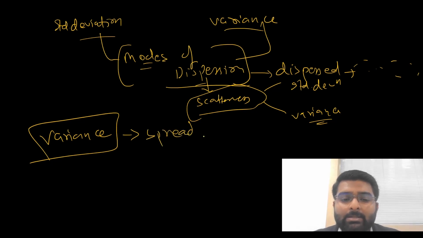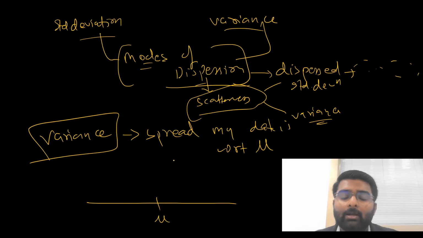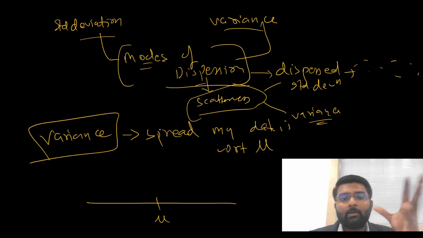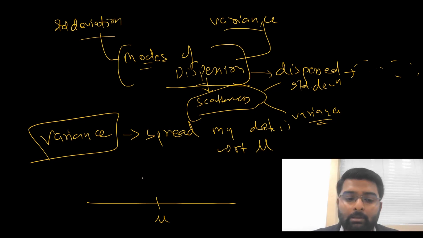Variance just tells me how spread my data is with respect to mean. For example, we have seen that the mean is the central region of the particular distribution, not the centermost value but the central region. With respect to mean, I want to understand how my data is plotted, or how it is scattered.